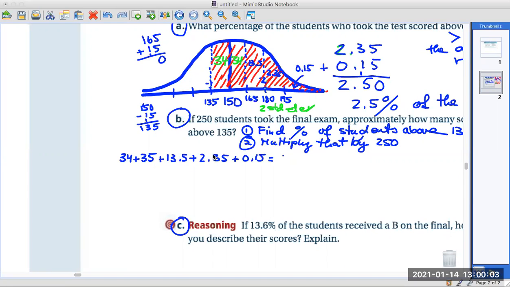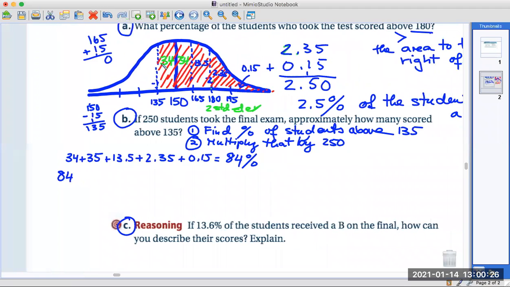If you can tell me what the mistake is next time we're in class, I'll give you extra credit. And my answer, when I add all that up, it comes up to 84. So that tells me that 84%, that's not the number of students. This is your percent, because those numbers inside here are percentages.